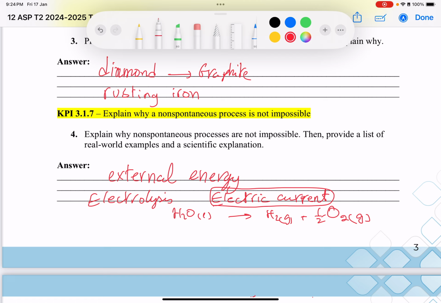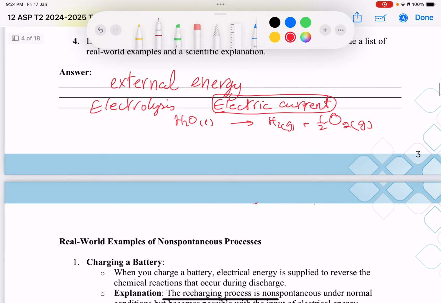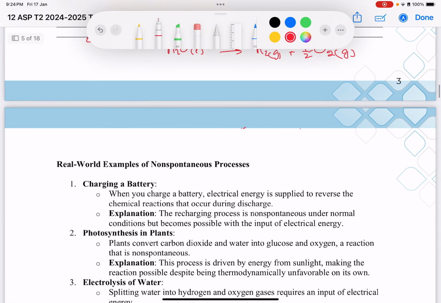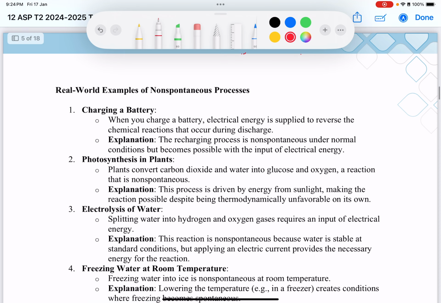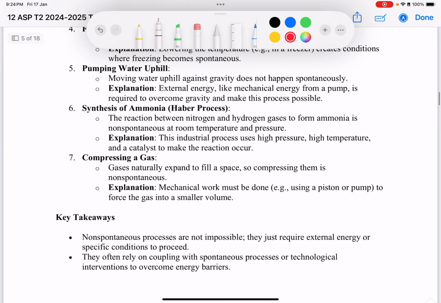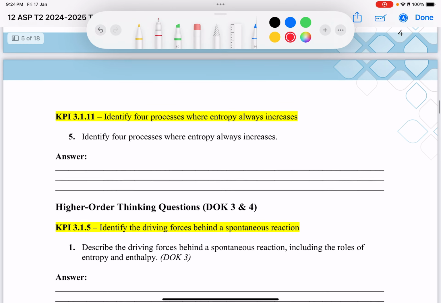Without this energy, the reaction will not start. It will stay non-spontaneous until we provide this option. Now, moving on, you can read these questions in the notes that I sent you.